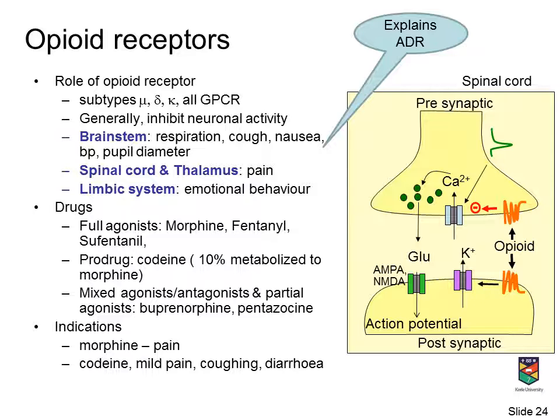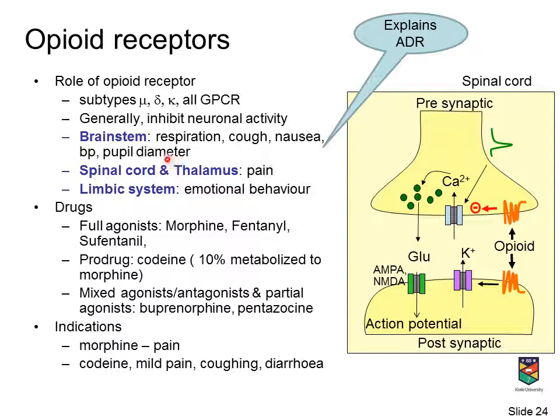Now, if you look at the other functions of opioids, some of which are presented here on the left-hand side, if we go through these, you can understand the adverse effects of giving opiate drugs to patients. Sure, they have a role in regulating pain transmission, and that's why activating opioid receptors acts as an analgesic.